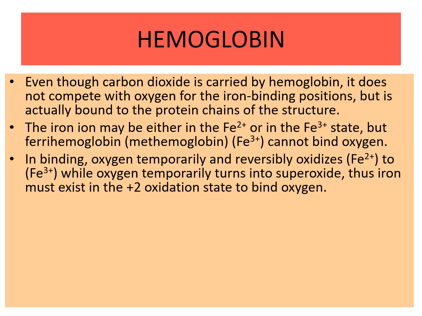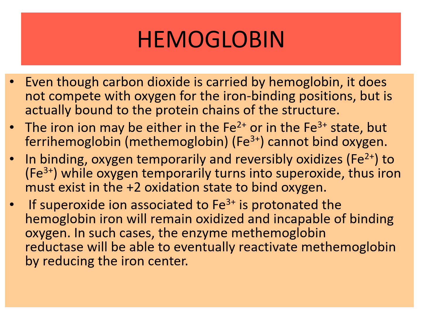Thus, iron must exist in +2 oxidation state to bind oxygen. If the superoxide ion associated with Fe3+ is protonated, the hemoglobin iron will remain oxidized and incapable of binding oxygen. In such cases, the enzyme methemoglobin reductase will eventually reactivate methemoglobin by reducing the iron center.